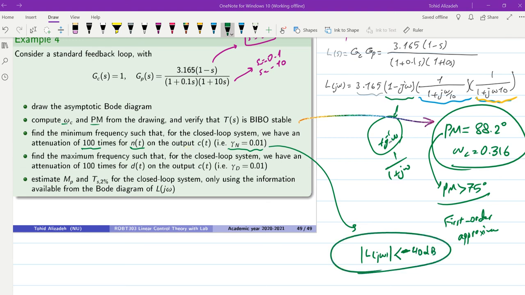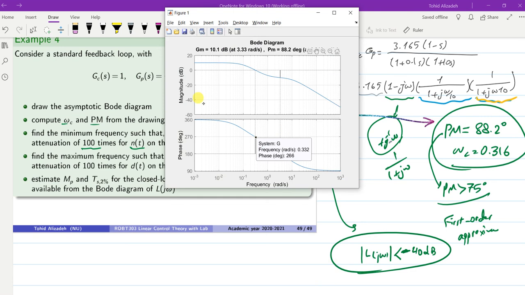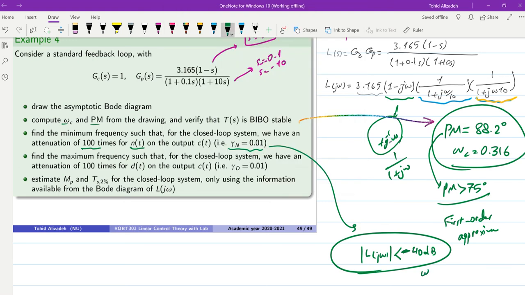We need to check our amplitude plot and find out where the frequency becomes minus 40 dB. So it's almost there, and the frequency omega n is equal to 330 radian per second. After that frequency, the attenuation will be more than 100 times. Before that frequency, the attenuation is less than 100 times.